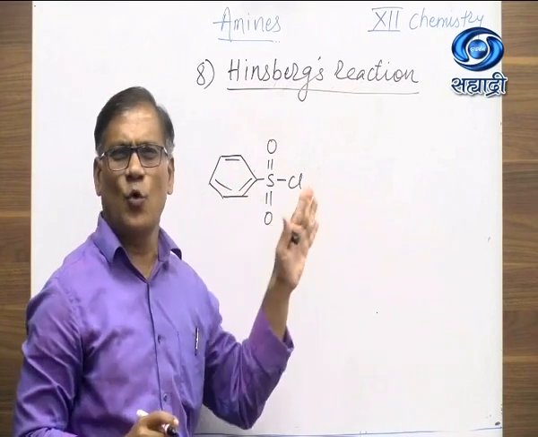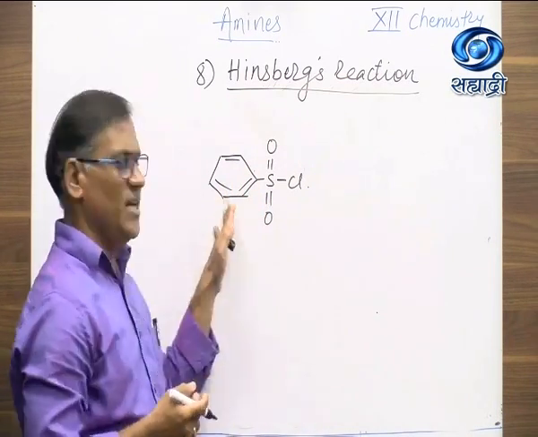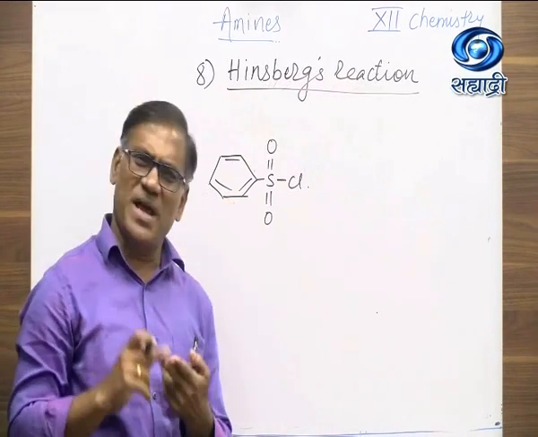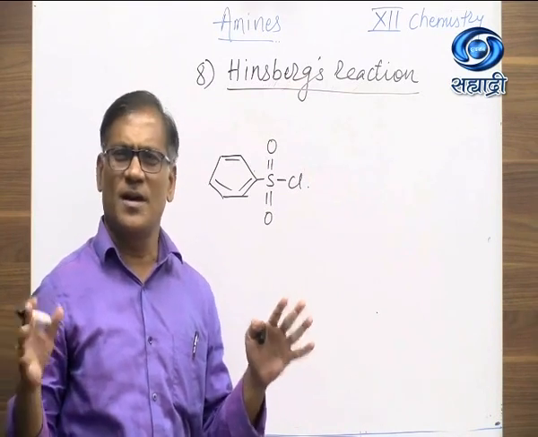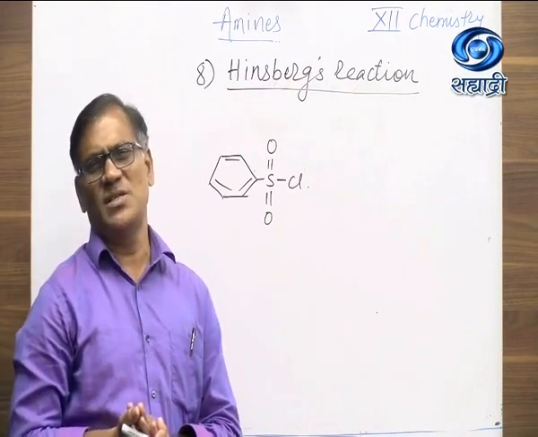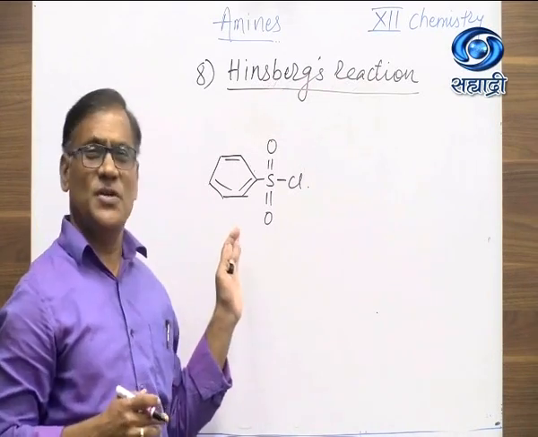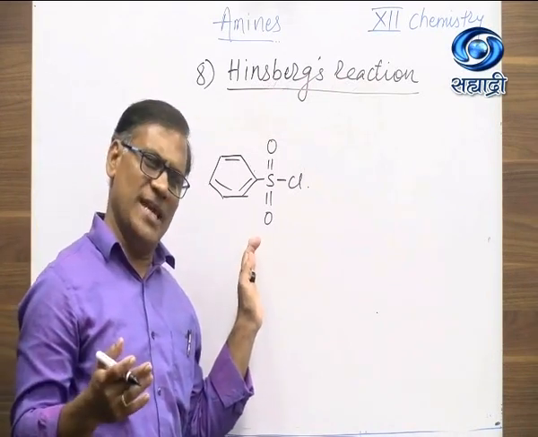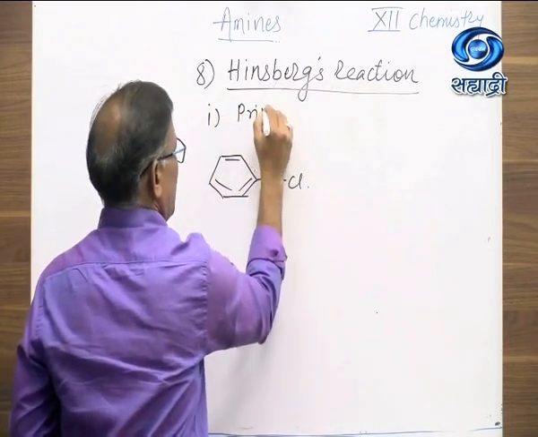Arene sulfonyl chloride is the only Hinsberg reagent. So this reagent we are going to react with primary amine, secondary amine and tertiary amine. It gives different products, and therefore this reaction is used to distinguish between primary amine, secondary amine and tertiary amine. First of all, this reaction we carry out with primary amine. So first reaction is with primary amine.